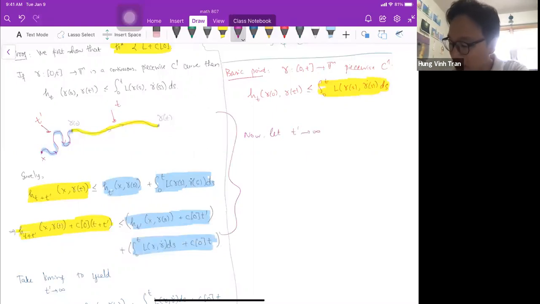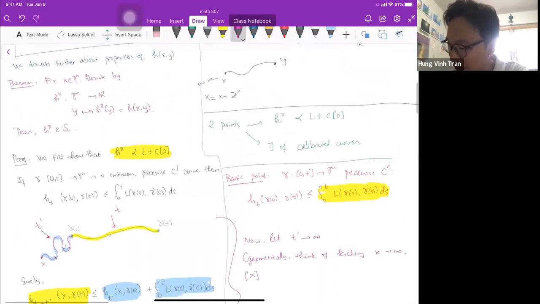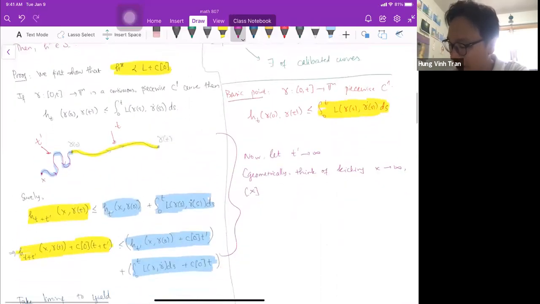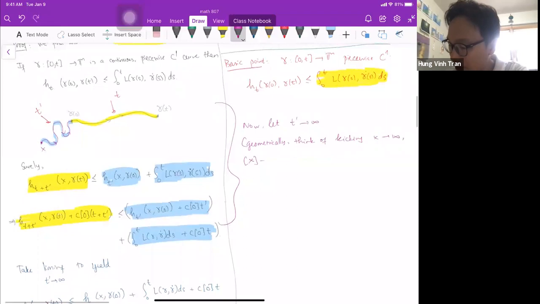Geometrically, you can also think of kicking x to infinity. I'm thinking of x as an equivalence class, x plus Z^n.